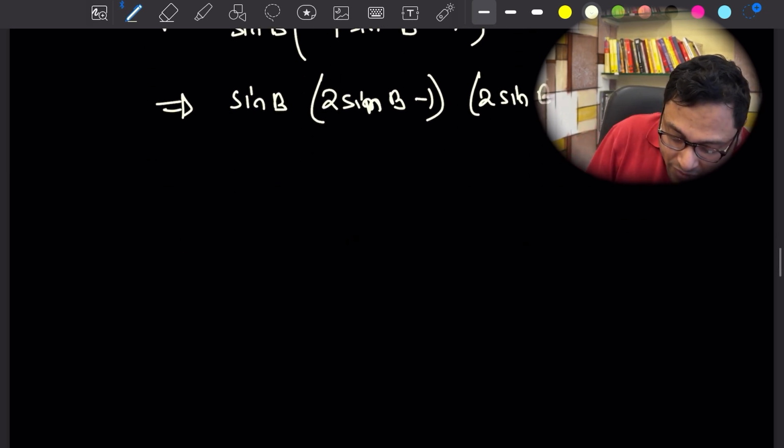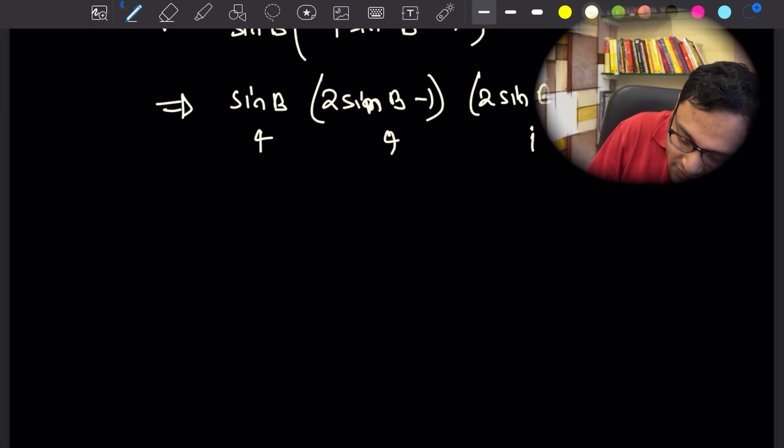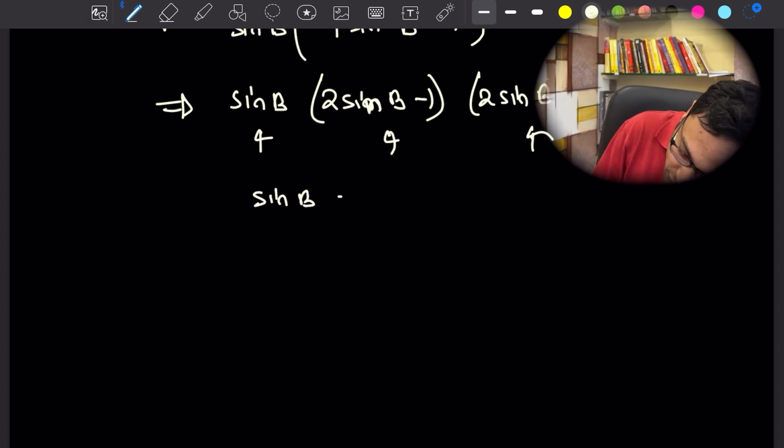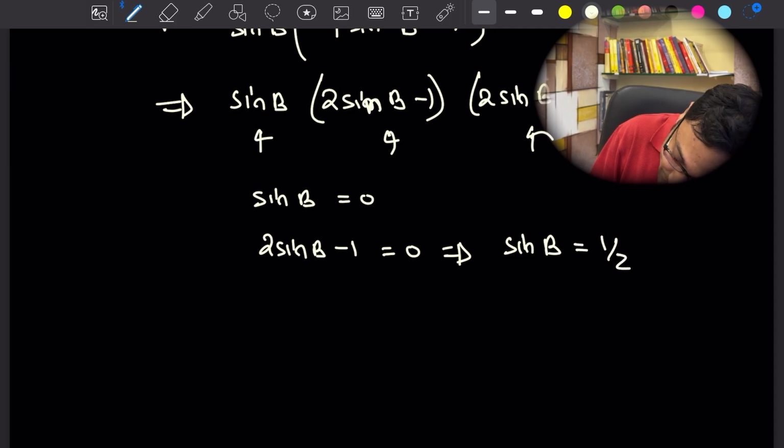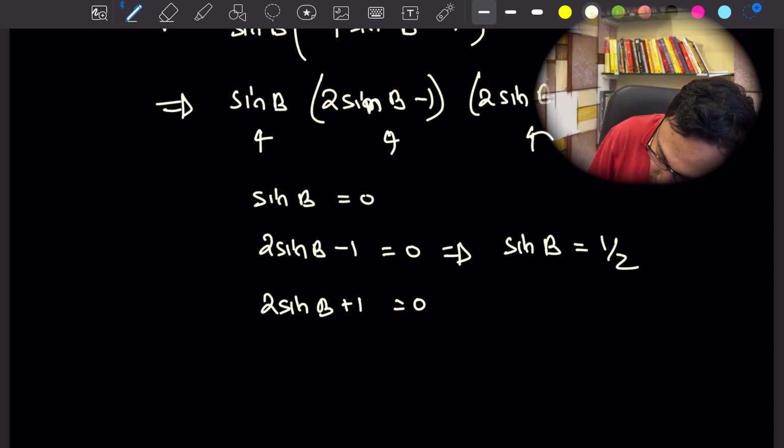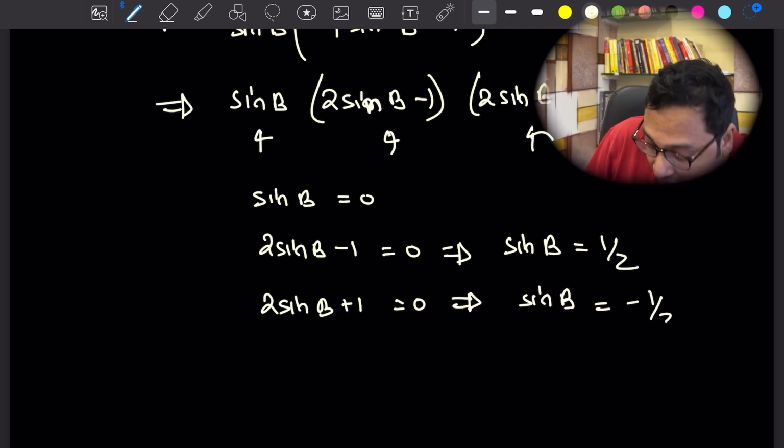So now we have 3 factors. So either sine b is equal to 0, or 2 sine b minus 1 is equal to 0, or sine b equal to half, and 2 sine b plus 1 equal to 0, or sine b equals negative half.